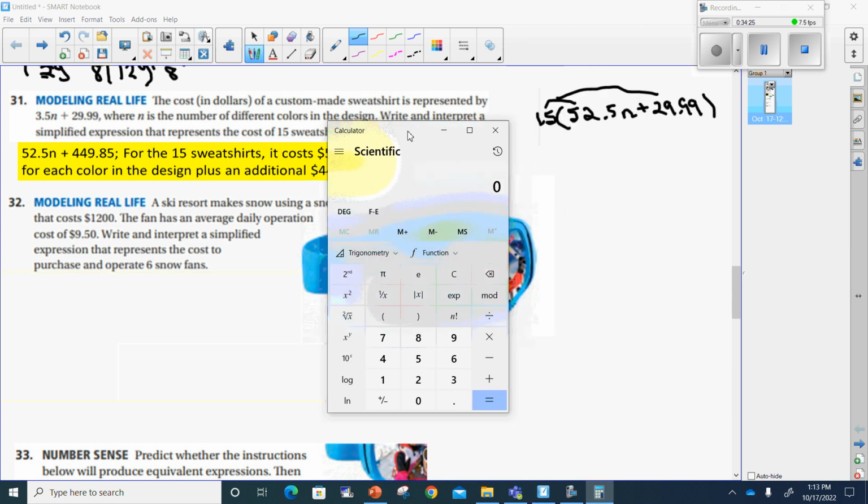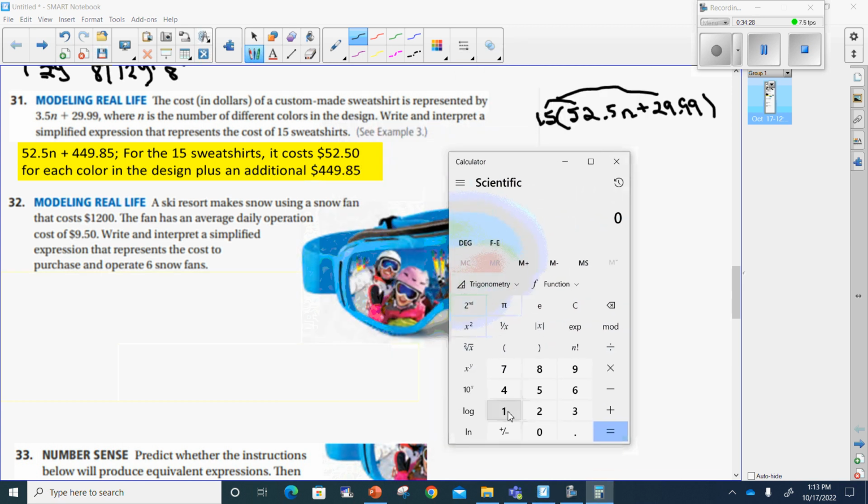I'm going to take my 15, multiply it to 52.5. As you can see, that's going to give me 787.5 times n.